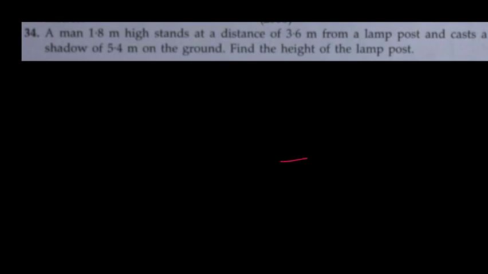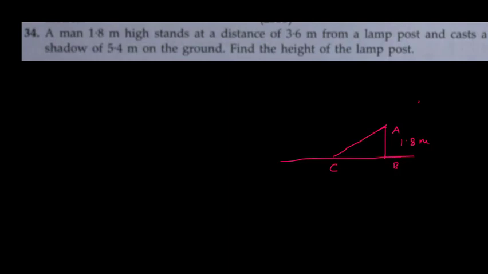So say this is height of man AB, and because of some lamp post, say lamp post is somewhere here, and because of the light there is a shadow. This BC indicates the shadow. The height of man is 1.8 meter. This is 1.8 meter. The man stands at a distance of 3.6 meter from the lamp post.